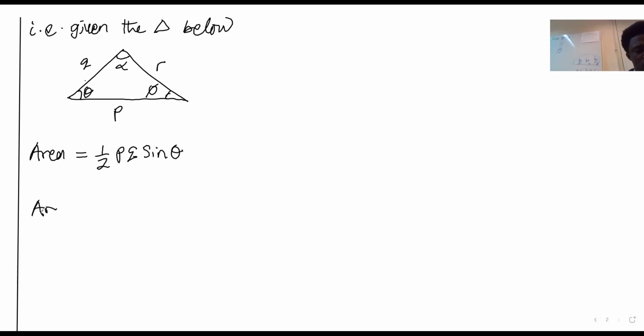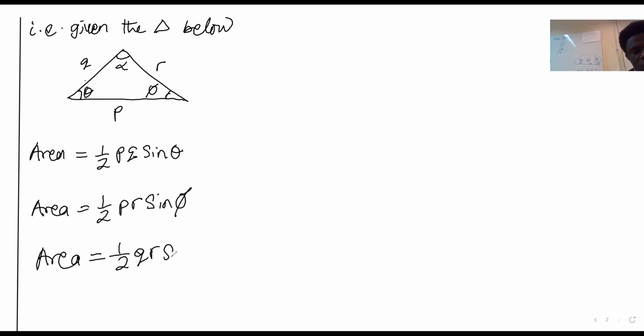The same area can be found if you use P and R. The angle between them is phi. The same area can be found if you use Q and R. The angle between them is alpha. That's what we are talking about.